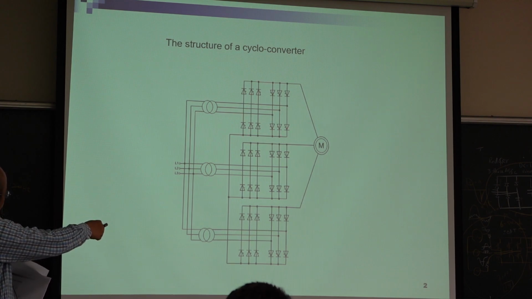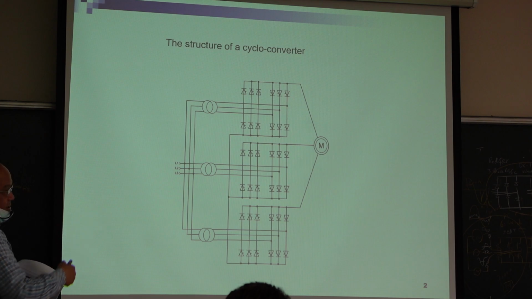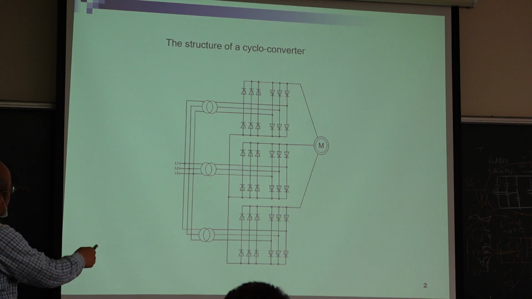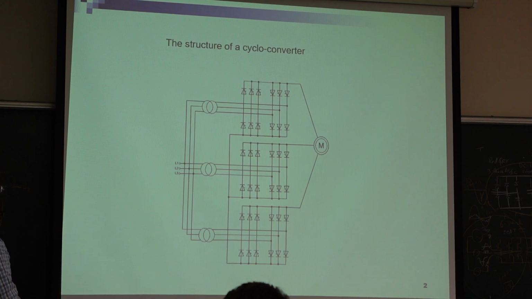In this structure, this is plus, this is minus. So I can have plus or minus, so I can have AC, right? This handles plus, this handles minus. This is for A phase, this for B phase, this for C phase. Then everything could be fine. So we call this a cycle converter.